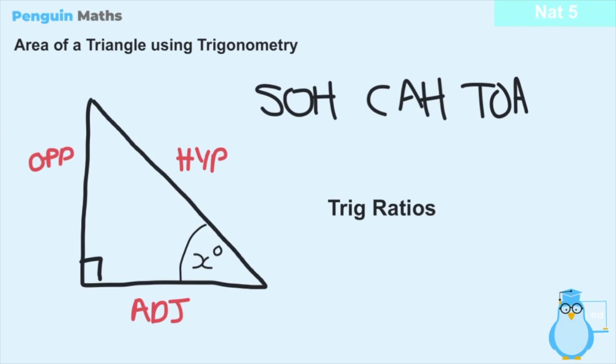Or conversely, if we know two sides within the right angled triangle, 2 out of 3, then that would allow us to calculate one other included angle within the right angled triangle. And the purpose of trigonometry, how we were allowed to do this, was by using the sine, cosine and tangent functions, the start of the SO, CA and the TOA. It was these trigonometric functions that allowed us to calculate this and solve the problem with right angled triangles.